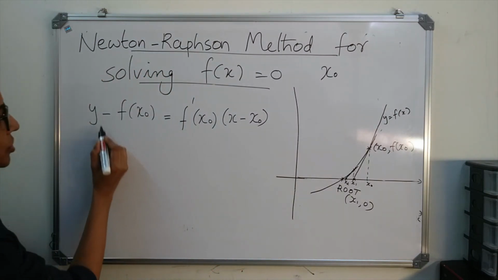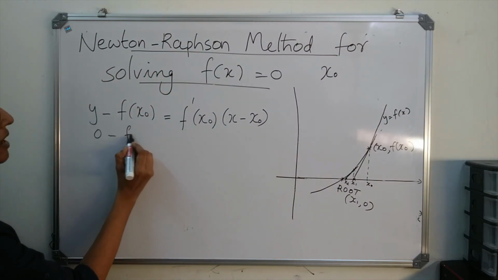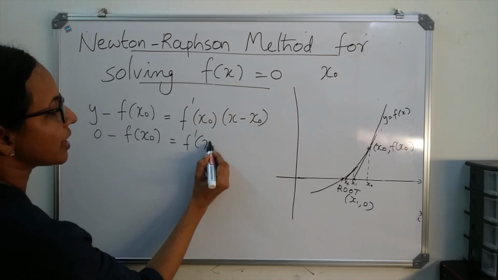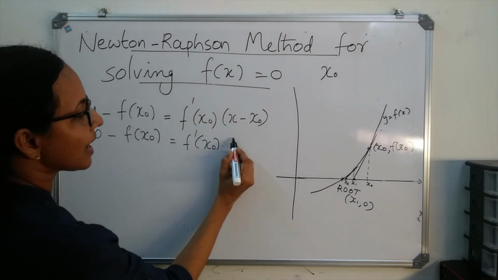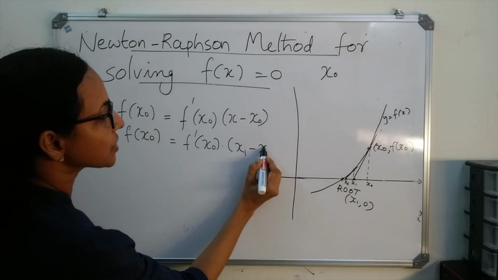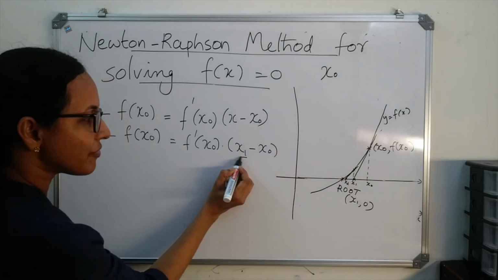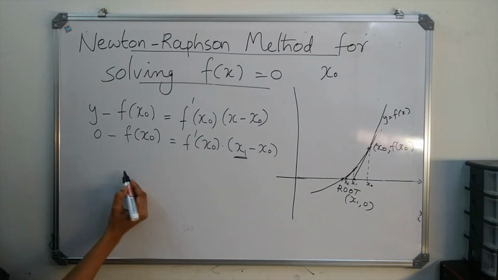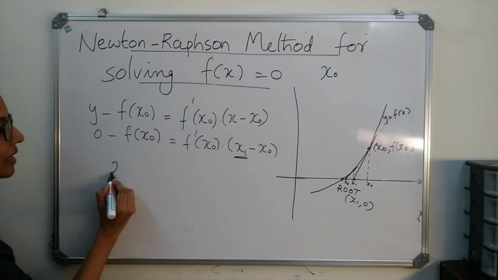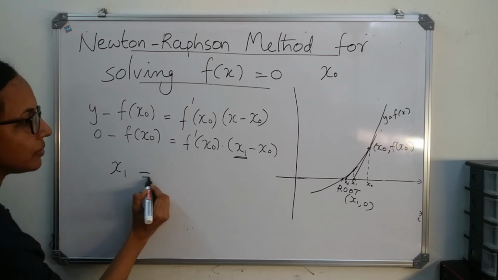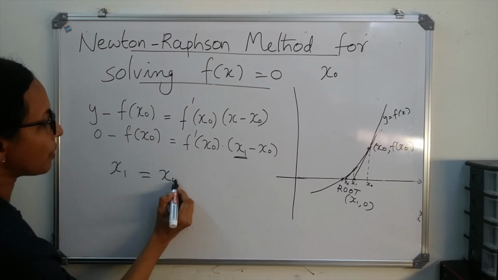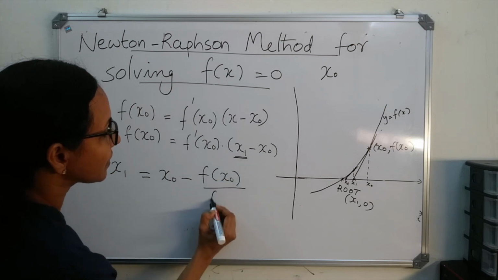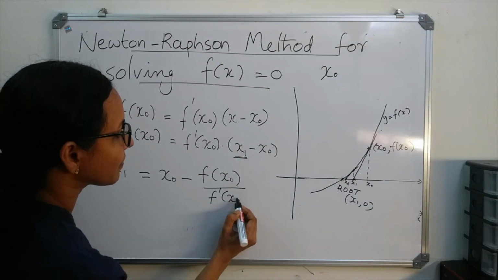So I can substitute here: 0 minus f of x naught equals f dash x naught into (x1 minus x naught). This is the first approximation. Simplifying, you can see that x1 equals x naught minus f of x naught divided by f dash x naught.